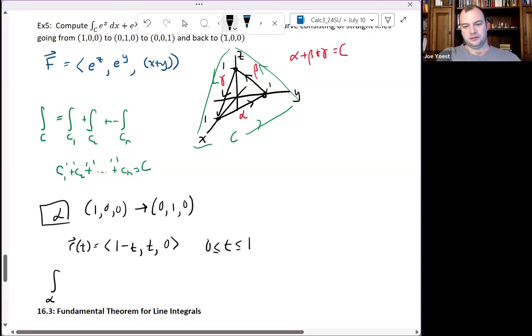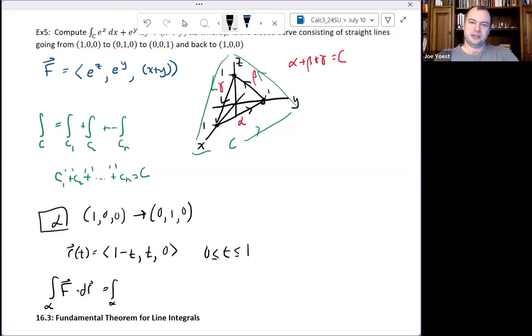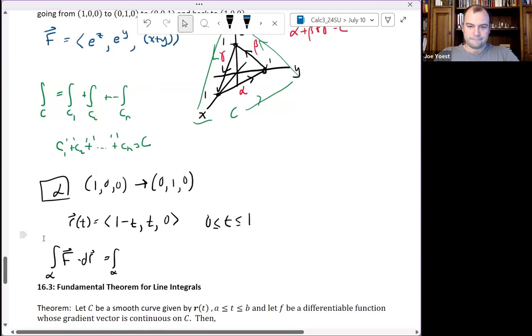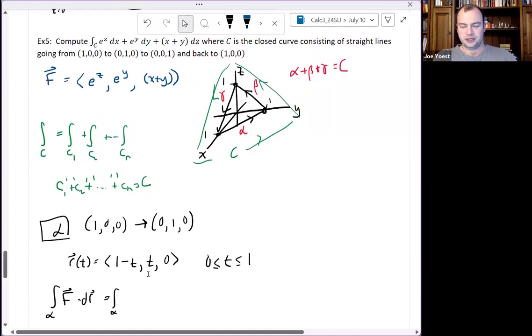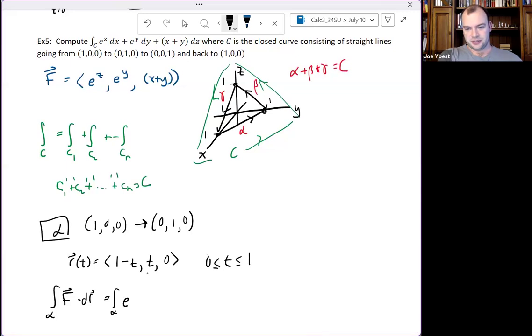So then the integral over alpha of F dot dr, or the integral over alpha of e to the z dx plus e to the y dy plus x plus y dz. Where's my function up here? Can I get everything on one screen? I think I can. Well, that's the integral from t equals 0 to 1. e to the z, so here z is 0, e to the 0 is 1.